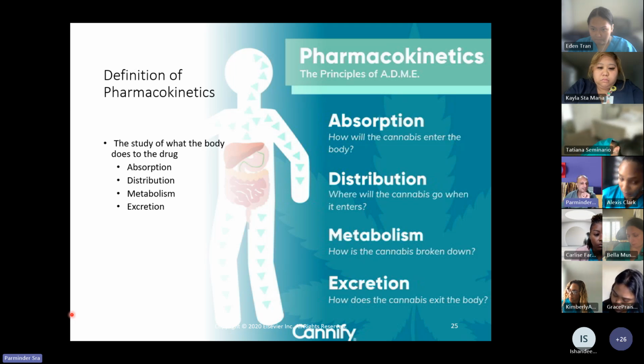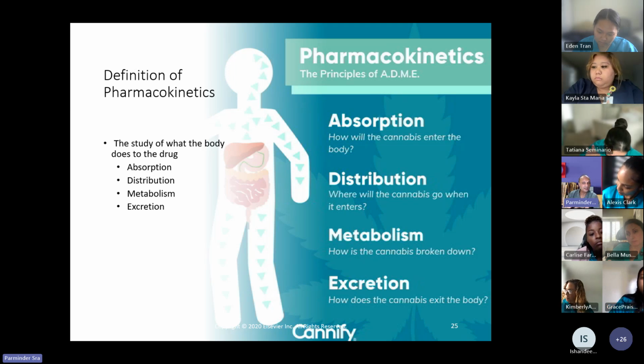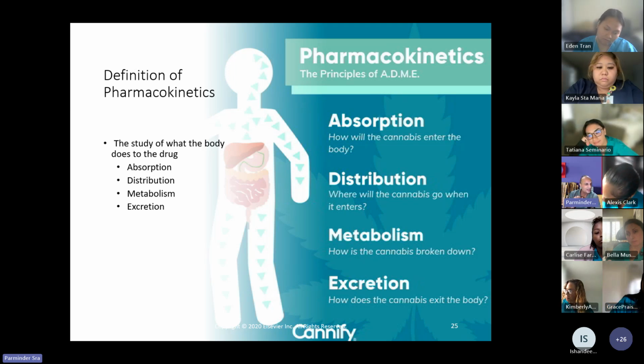And the final is excretion. That is the kidneys: the drug and its metabolites are eliminated from the body, usually in urine, and the liver does bile. Okay, everybody understood what this ADME or pharmacokinetics is?